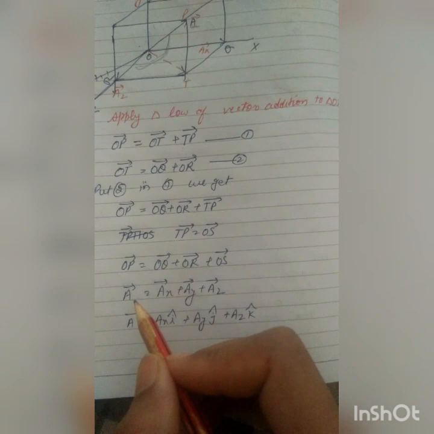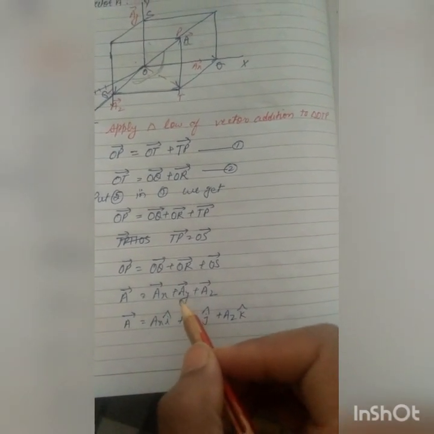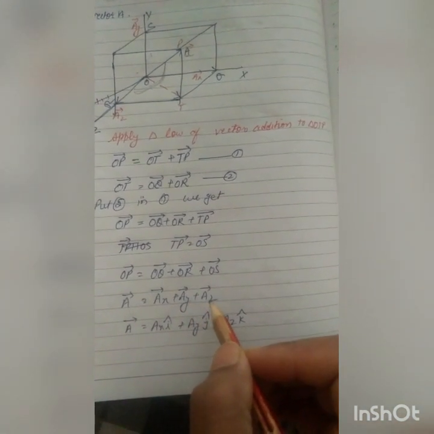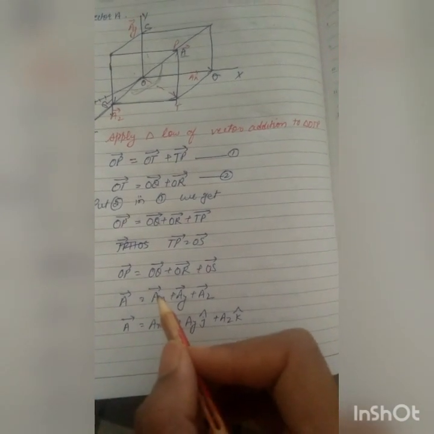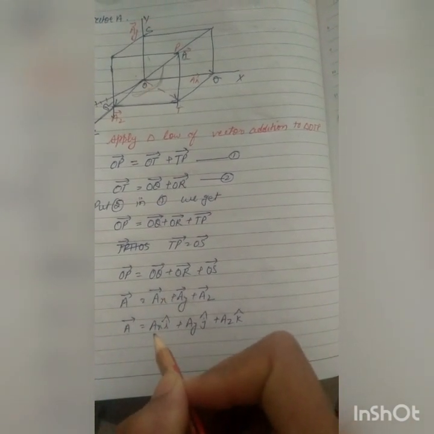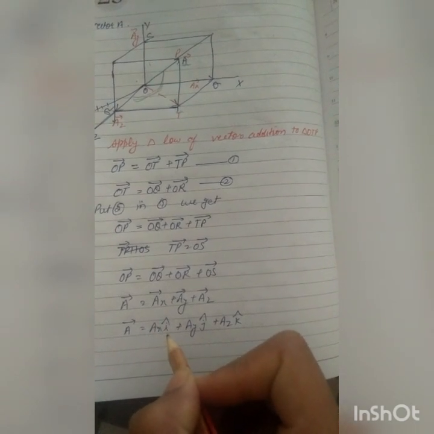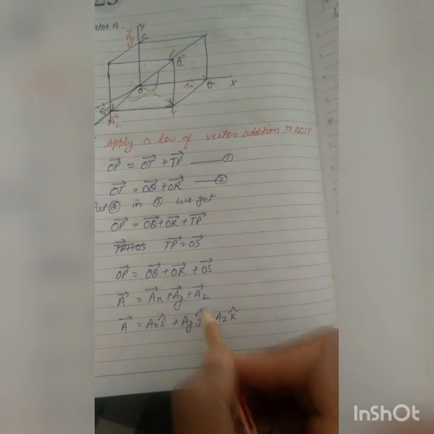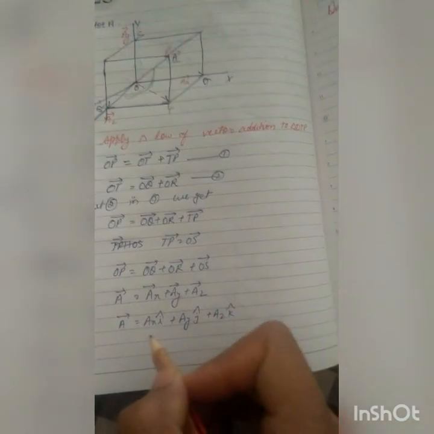OP is the vector A, OQ is represented as AX, OR is represented as AY and OS is represented as AZ. So each component vector is replaced by the magnitude of the vector multiplied by the unit vector.